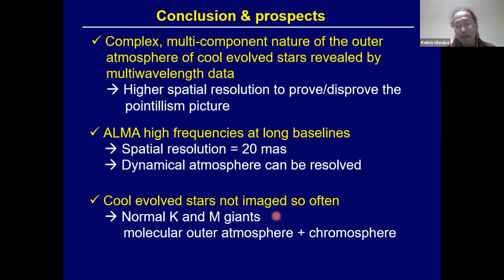So in a sense, they may be simpler than, say, dusty AGB stars. So imaging those stars, normal red giants, might also help us to understand the physical process behind the multi-component nature of the outer atmosphere of cool evolved stars.